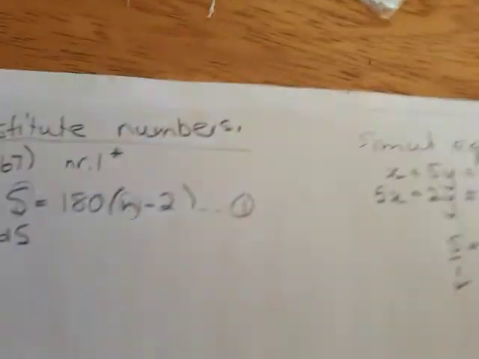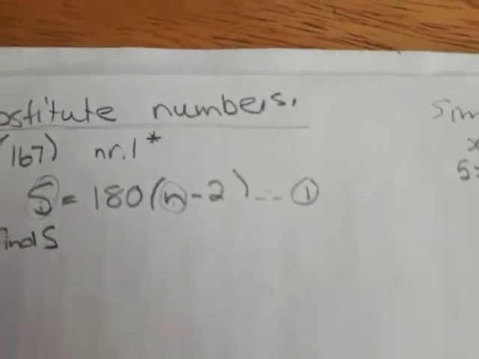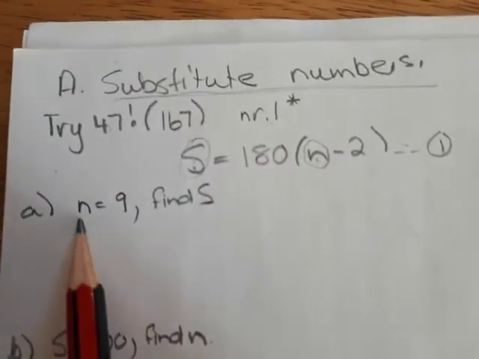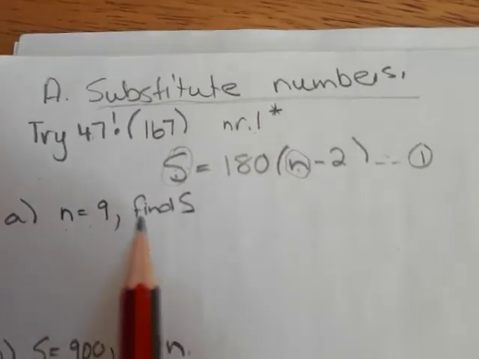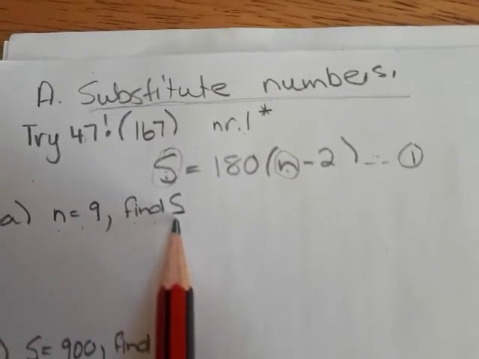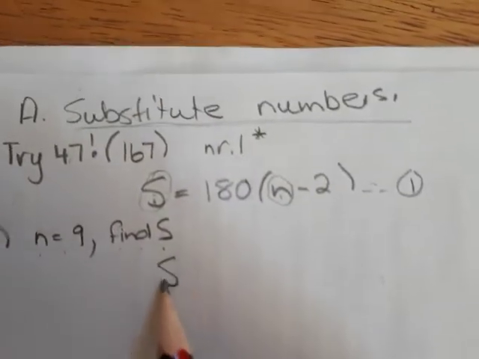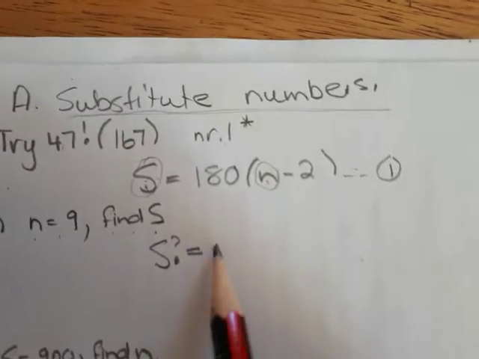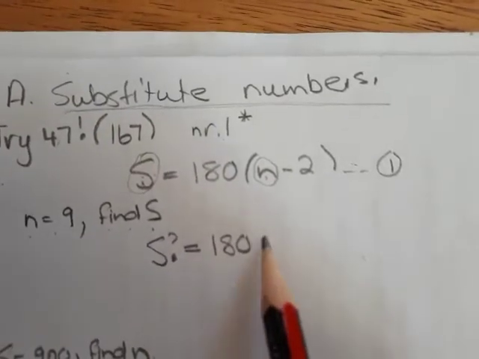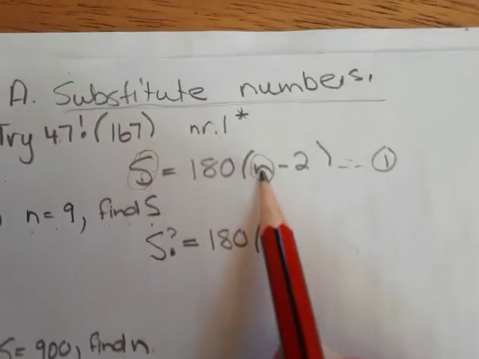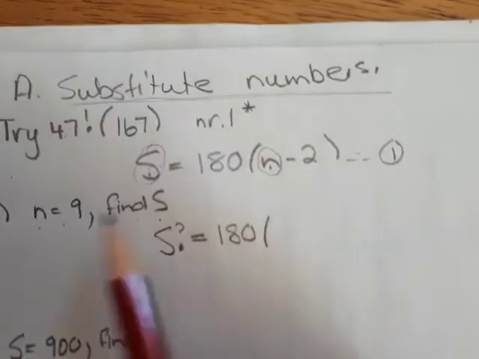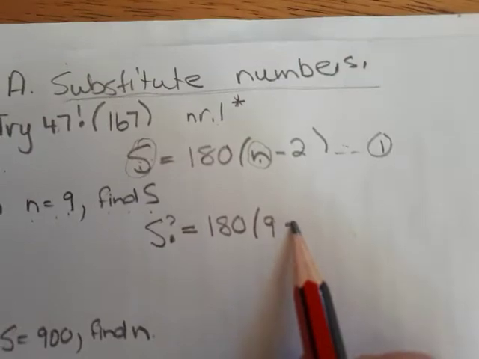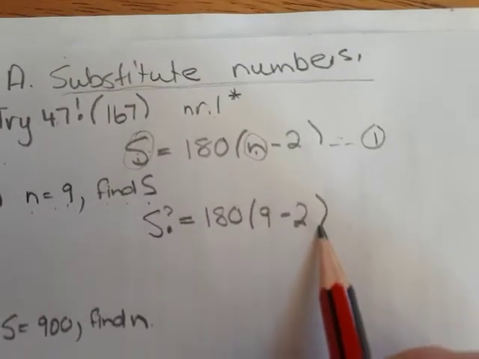Okay, so when we go and look at today's work, look at question A. It says, if n equals 9, then find S. So now S is the variable that you must calculate, okay? Meaning you take your equation, 180, in the place of n, so we substitute n with the value, which is 9, and then minus 2 and close the bracket.